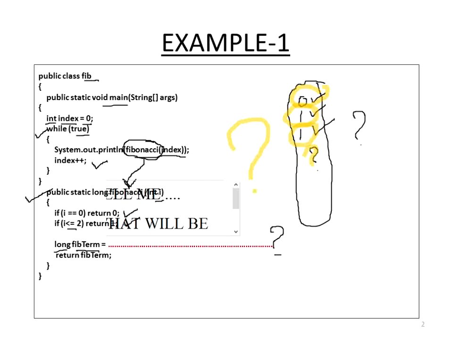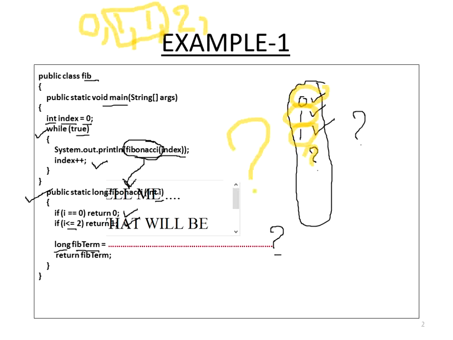In the Fibonacci series, first number is 0, second number is 1, third number is 1. Now what's the fourth number? How will you get it? Yes, 2. So what you have done, you have added these two numbers.